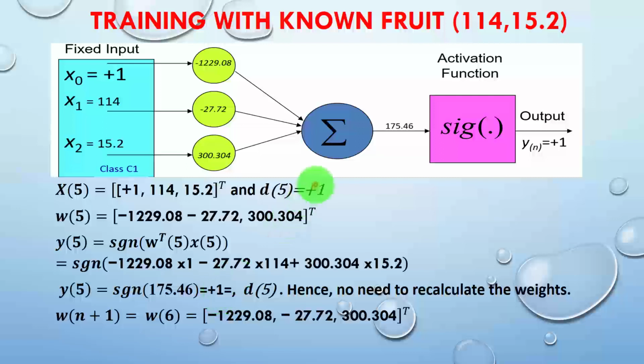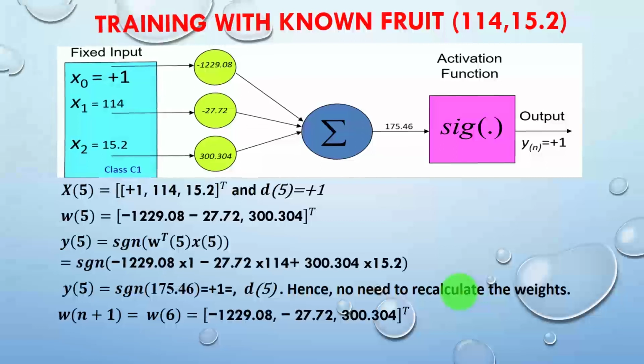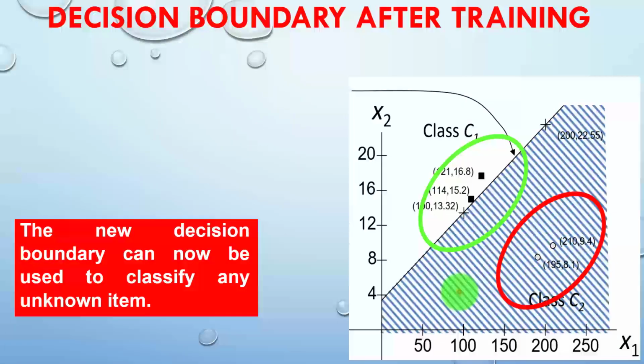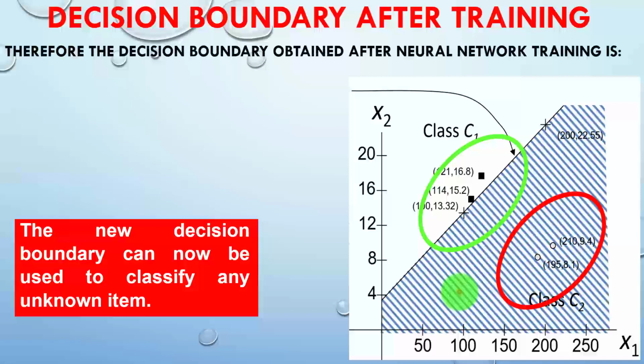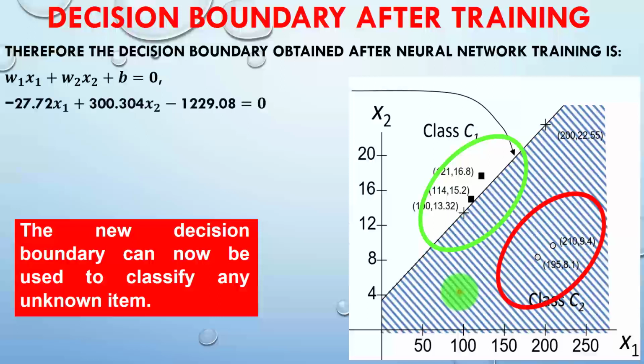Then positive 1, Y5, is equal to D5, so no need to recalculate. Everything is perfect with us. We move to the last step, to find the boundaries and see if these new values would make our classes separable.